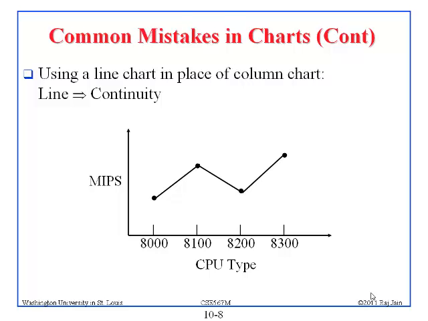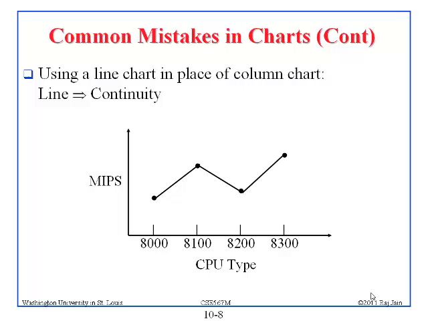Okay, another final mistake and then we'll stop, is the line chart in place of column chart. So now CPU type is what kind of variable? Qualitative.